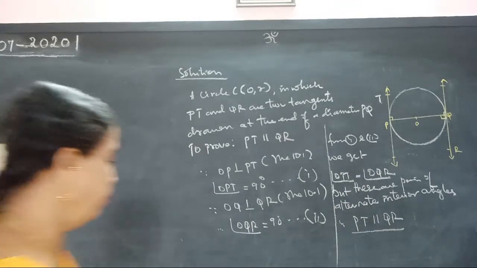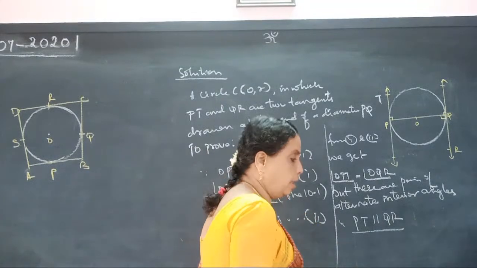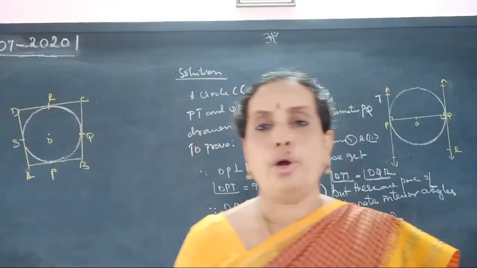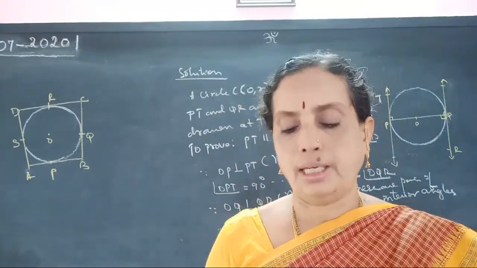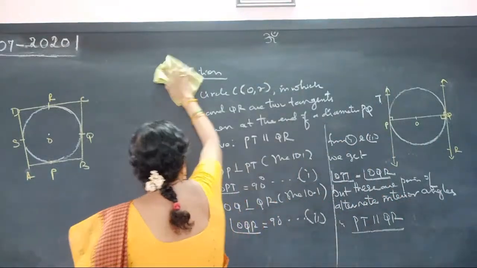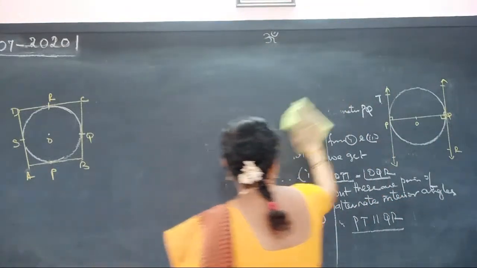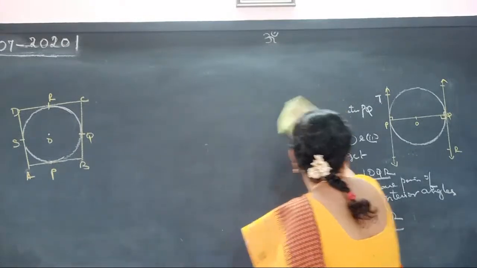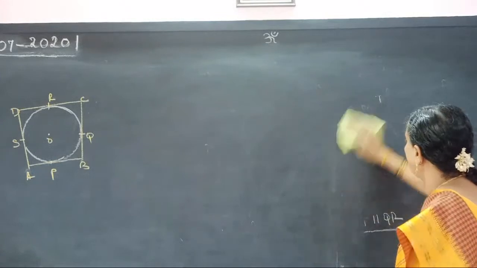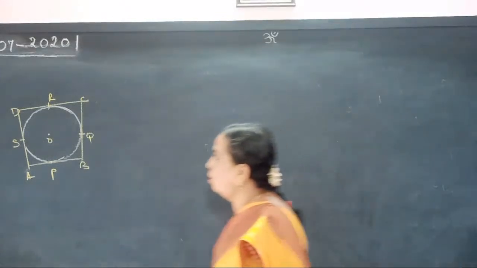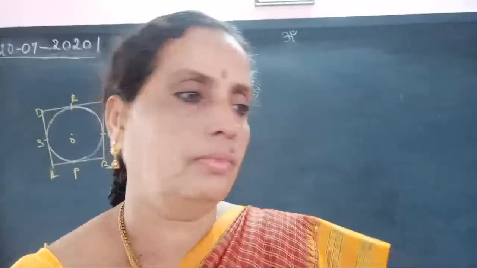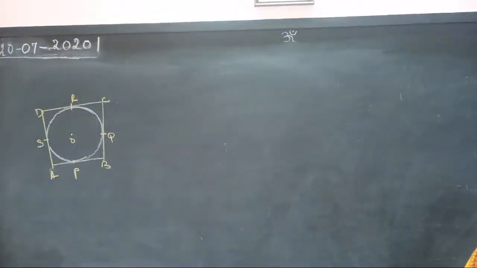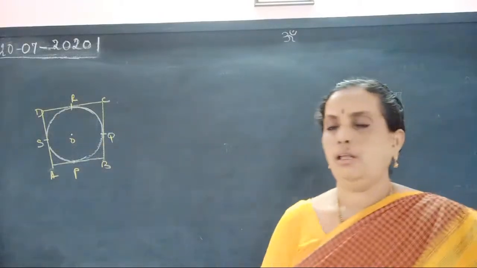Here we use the concept of theorem 10.2. According to 10.2, tangents drawn from an external point to a circle are equal in measure. With the same figure you have two more questions, but don't confuse the figure.